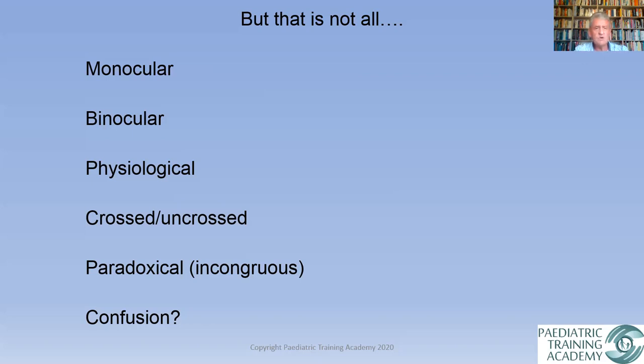Diplopia, of course, can also be crossed or uncrossed. We all perhaps learned the rule that X is crossed. So a patient with an exotropia or an exodeviation is going to see crossed diplopia. However, that is only applicable if you are using a one-target test, for instance, a Maddox rod. One light gives you a light in one eye, gives you the cross in the other eye, and it is a single target test.